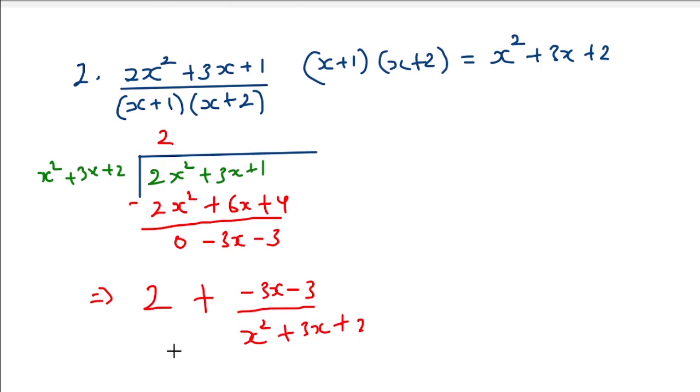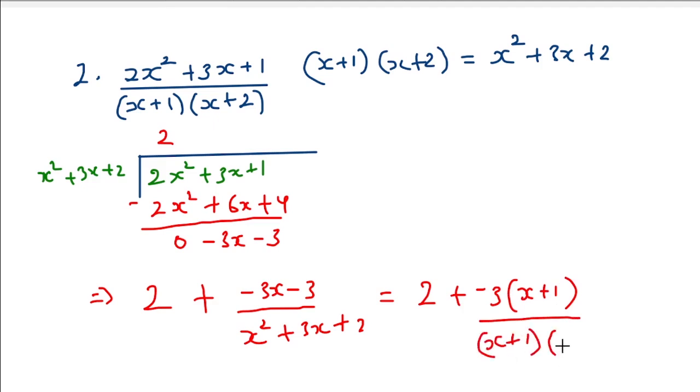But this one, we may even simplify it like this, because if I look at this, it's the same as 2 plus negative 3 is common. So when I bring negative 3 out, I remain with x plus 1. And I already realized that we had this factor in the denominator, which was x plus 1 into x plus 2.